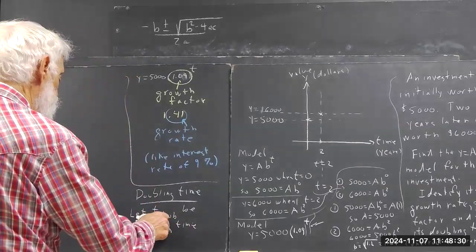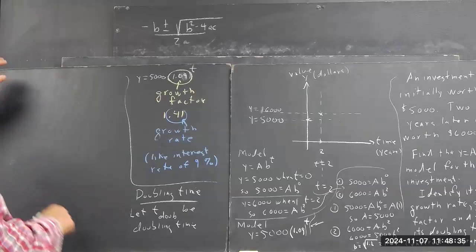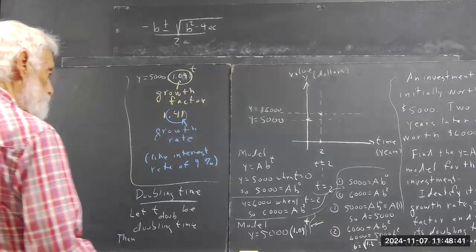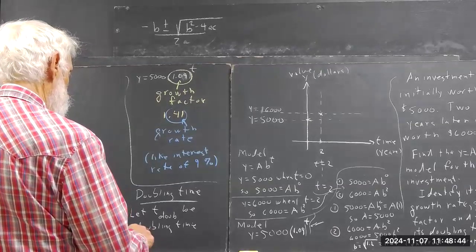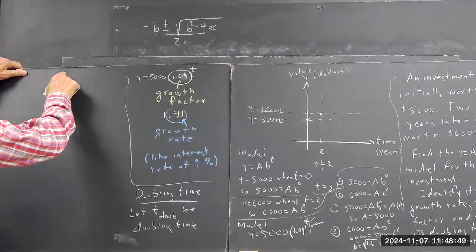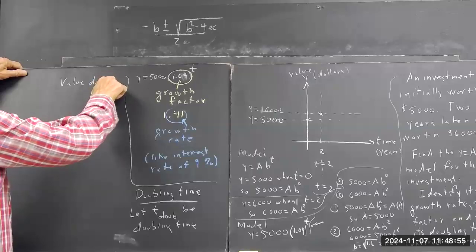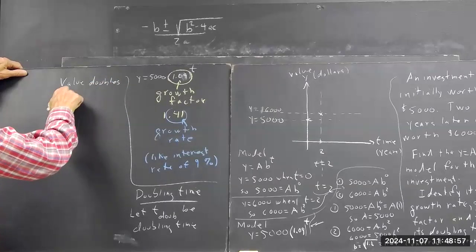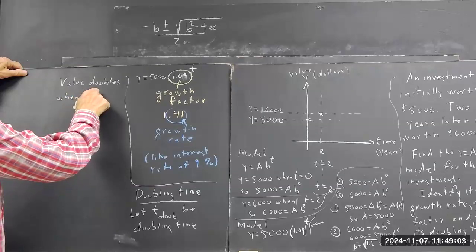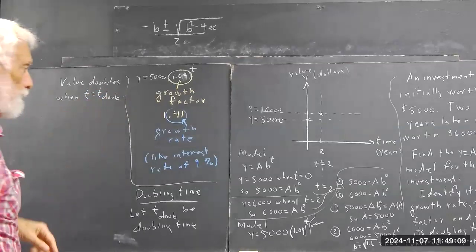You use T double as your doubling time. So T equals T double.